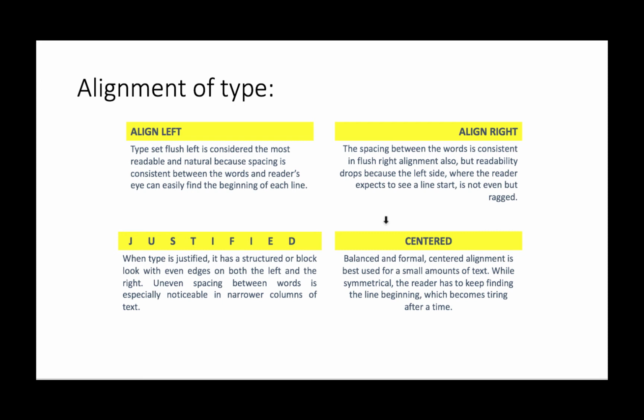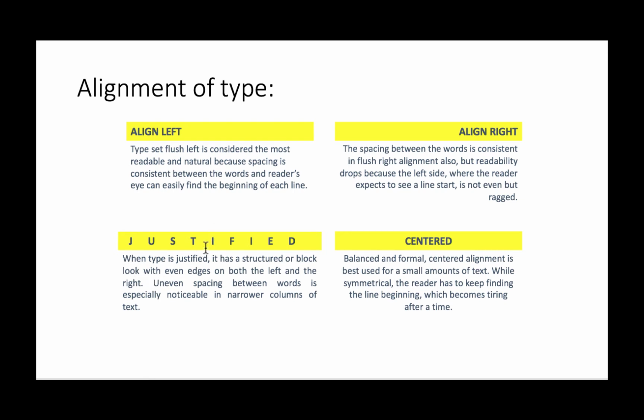Next, we have the rarely used justified type. I hate justified type. It looks really nice because both the right and left sides are aligned, making a beautiful linear column of text. However, you'll notice the uneven spacing between the words.